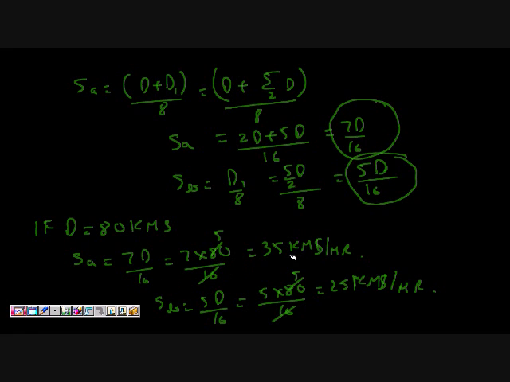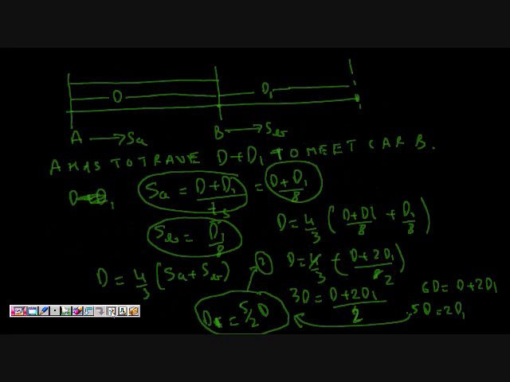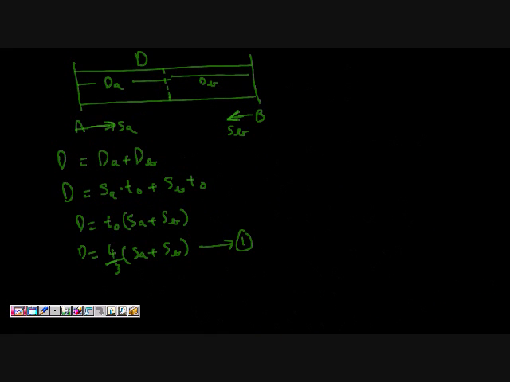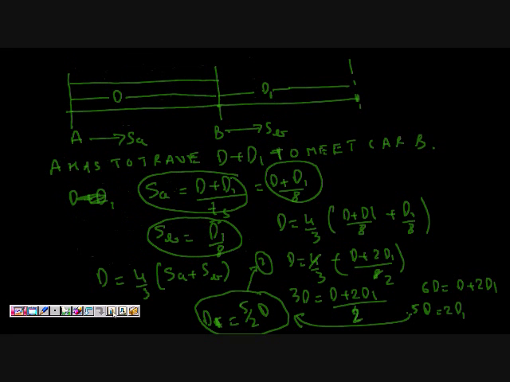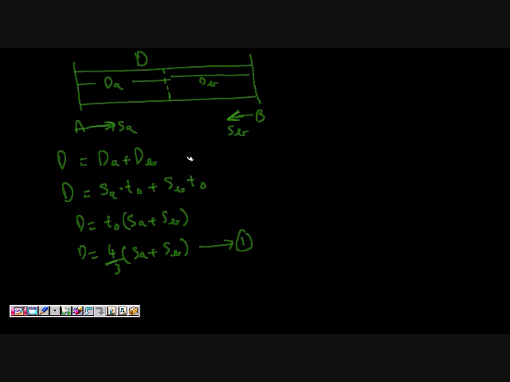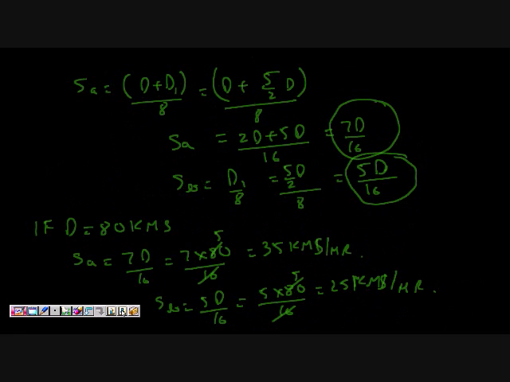Now let's consider the cars traveling in the opposite direction. So D is equal to dA plus dB, so S of A into TO. We don't know what the time is, but if we are given that the distance between these two stations is 80 kilometers, let's say that it takes TO hours to travel between these two stations.